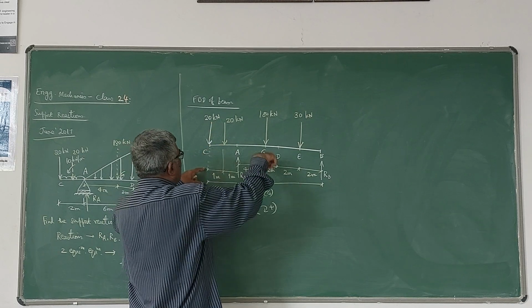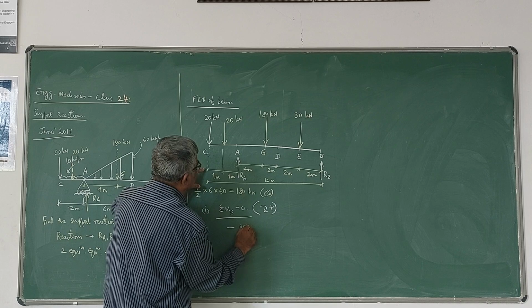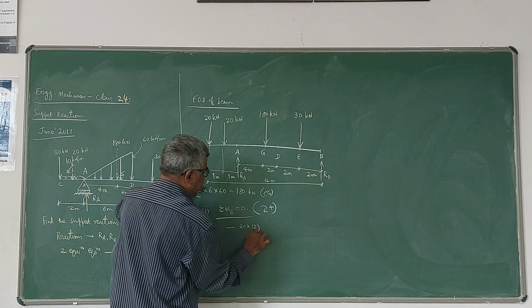So it is giving an anti-clockwise moment. 20 kilonewton is giving an anti-clockwise moment, minus 20 into the distance, 12 meters.